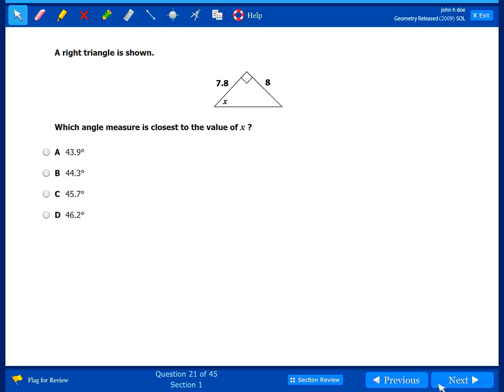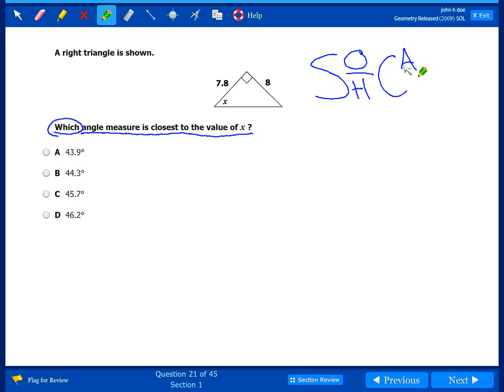So number 21 says a right triangle is shown. Here's our keyword. Which angle measure is closest to the value of x? So whenever we need an angle in a right triangle, we have to use trigonometry. We have to use SOHCAHTOA.